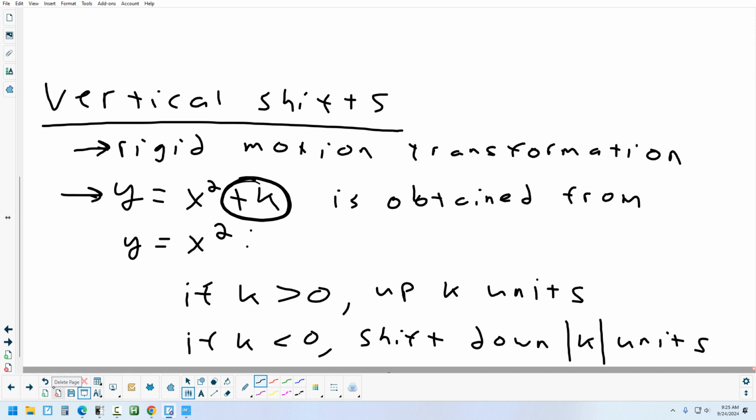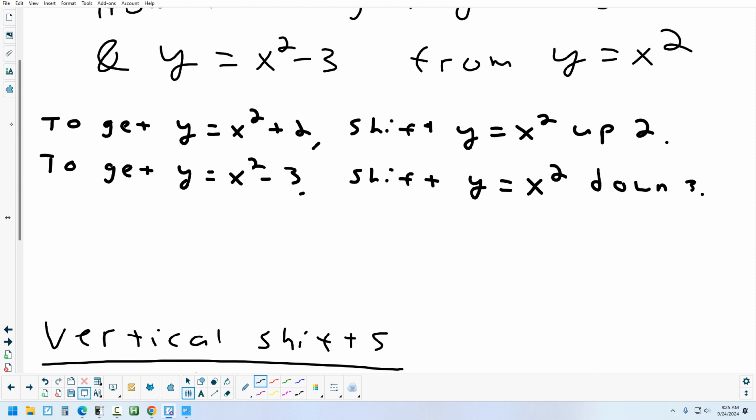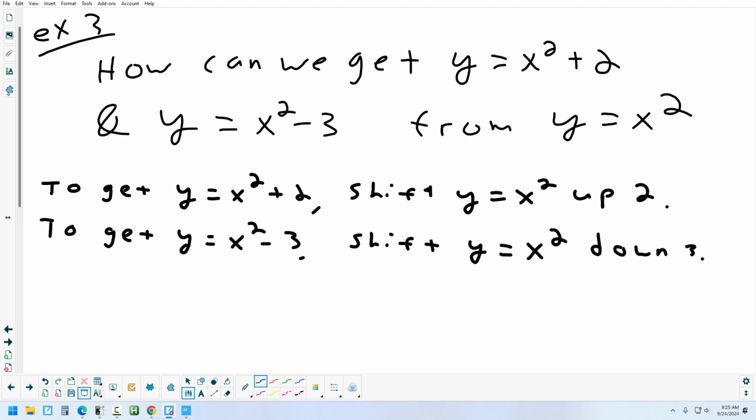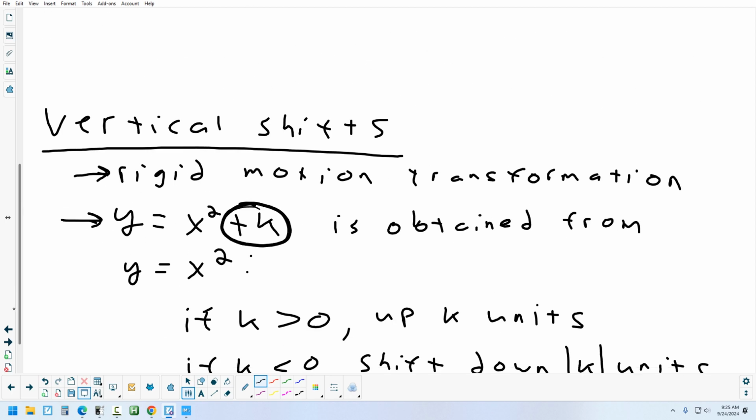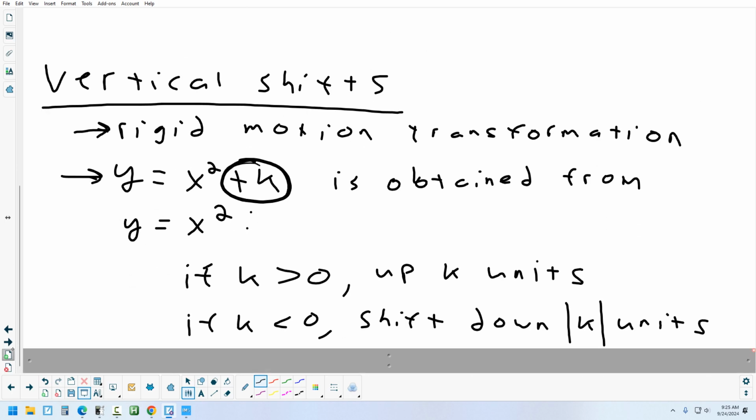Notice I put down absolute value of k units because let's say you had something like the one we have up here, y equals x squared minus 3. You wouldn't say that this moves down negative 3. It can go up 3 or it can go down 3, but it can't go a negative amount. So when you describe the amount of movement, that's always a positive number.